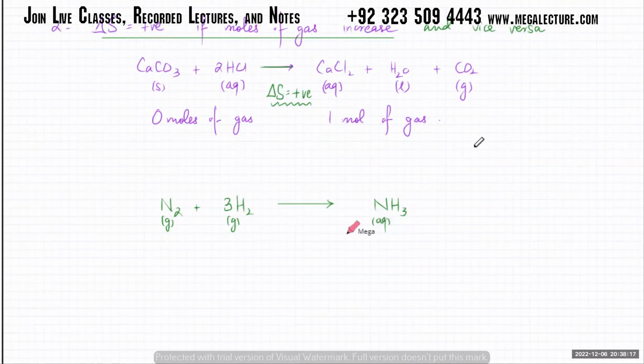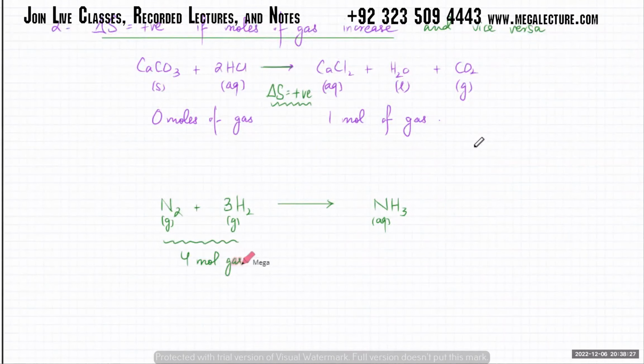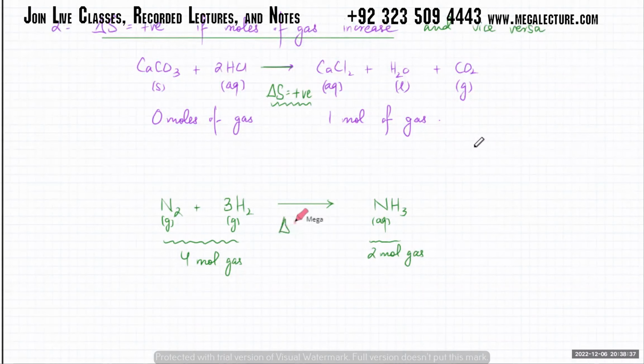So all of these were gases, and I had 4 moles of gas, and on the other side, I now have 2 moles of gas. So that means delta S is negative, as your disorder is decreasing. Okay, is this clear?